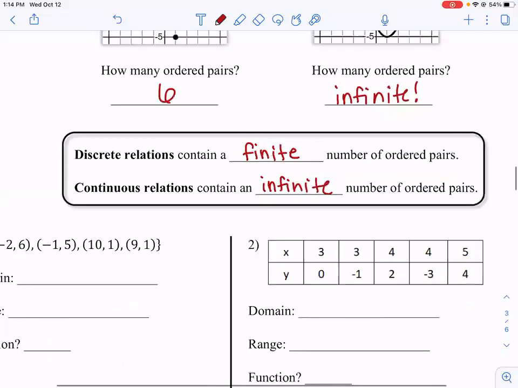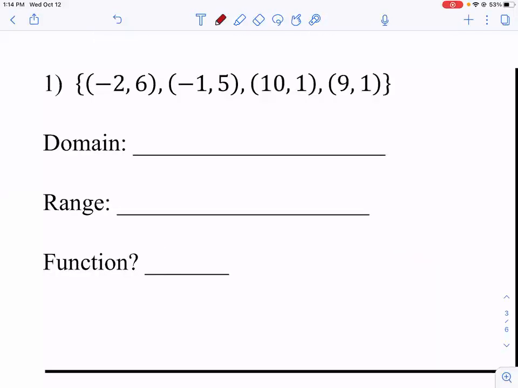So this is what's going to happen. When I ask you to identify the domain and range, you are literally going to list off the X's and the Y's. So when we have a discrete relation, we are going to literally just pick the X's out and pick the Y's out. First of all, do you see these squiggly braces?